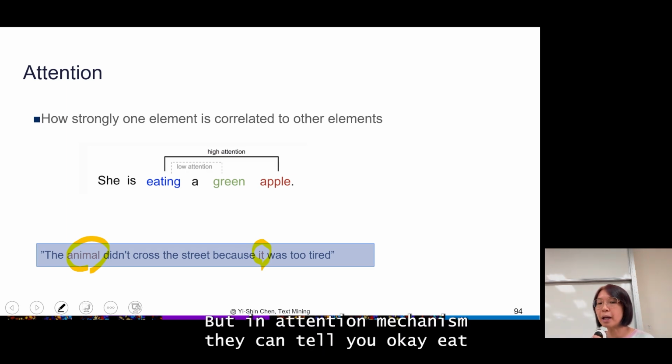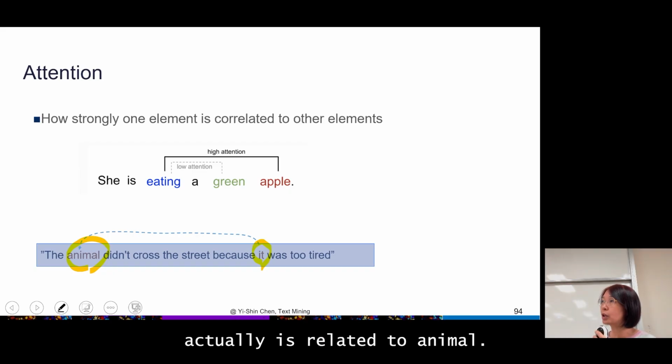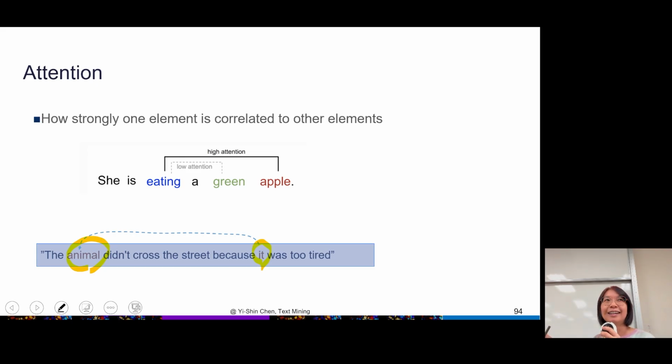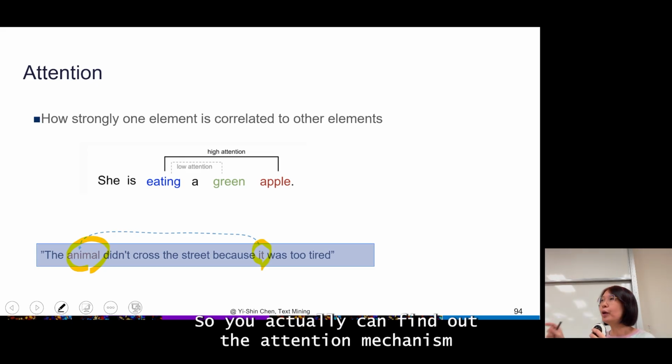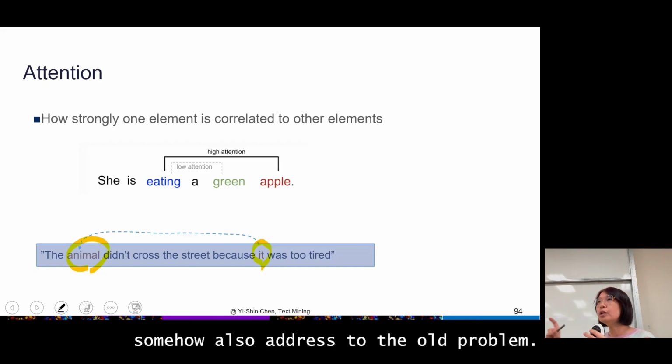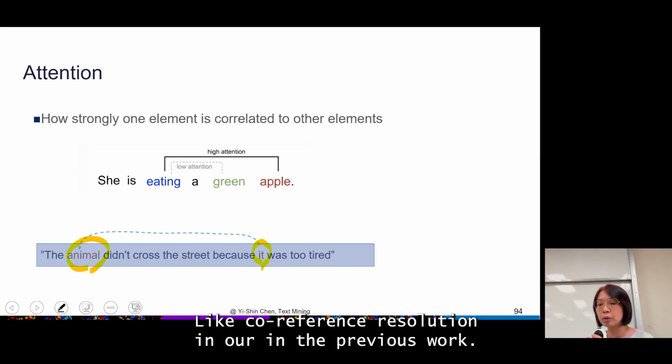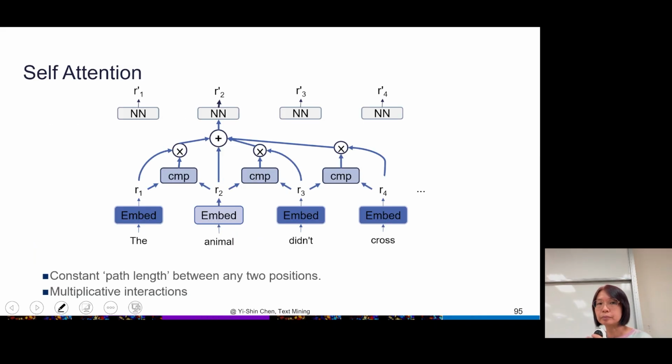But the attention mechanism can tell you that it is related to animal, so their attention value is high. Makes sense. So you can find that the attention mechanism also addresses an old problem like coreference resolution from previous work.